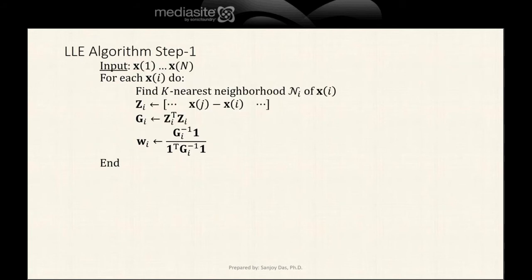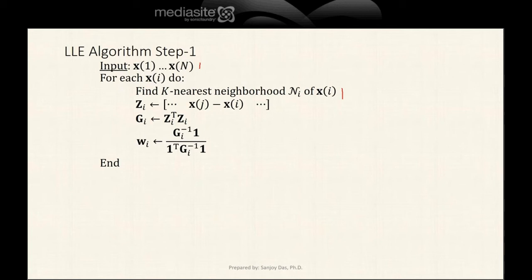So this is step 1 of the LLE algorithm. We have our n sample points. Now for each sample point, this is what we do. We find the k nearest neighborhood of xi, which is given by Ni, and the crudest method to do that, without using any complex data structures, is to find all pairwise distances and then sort them and find the k nearest neighbors.